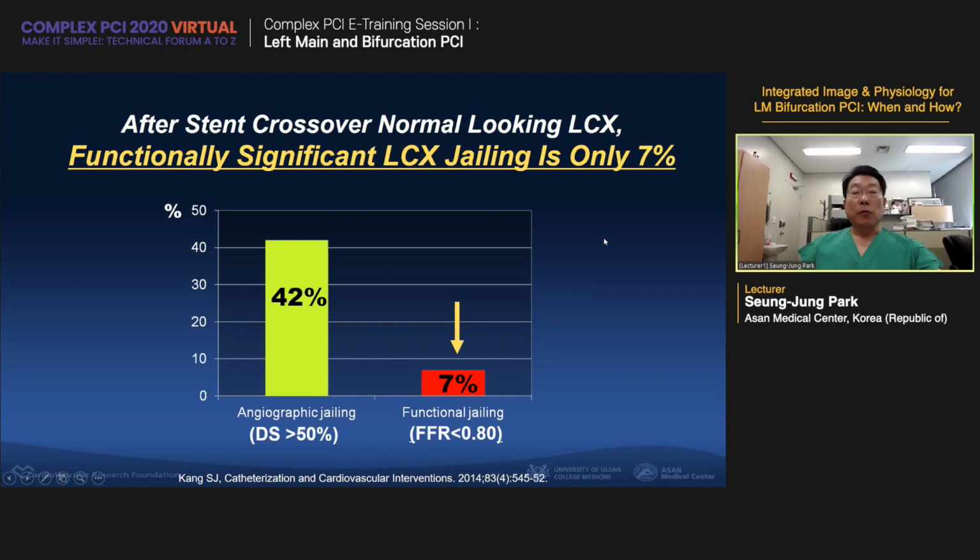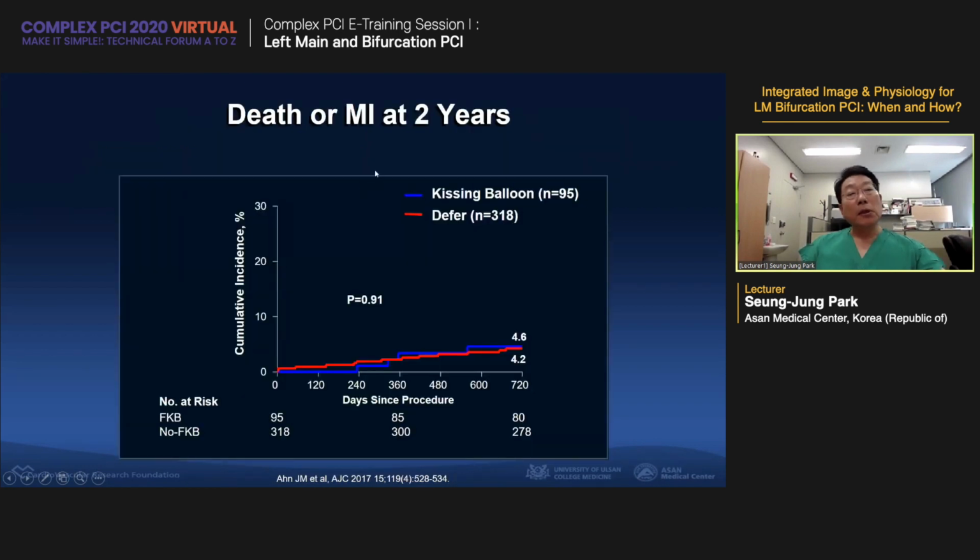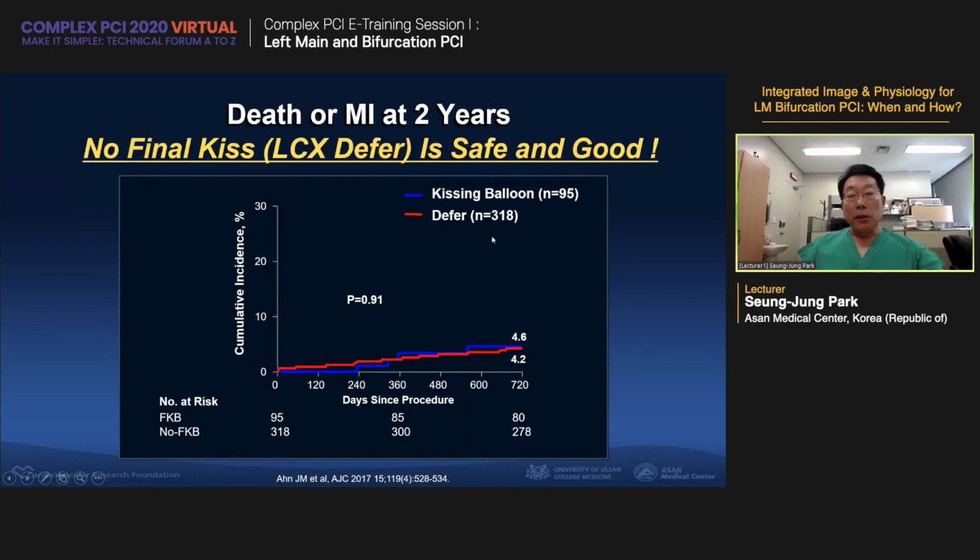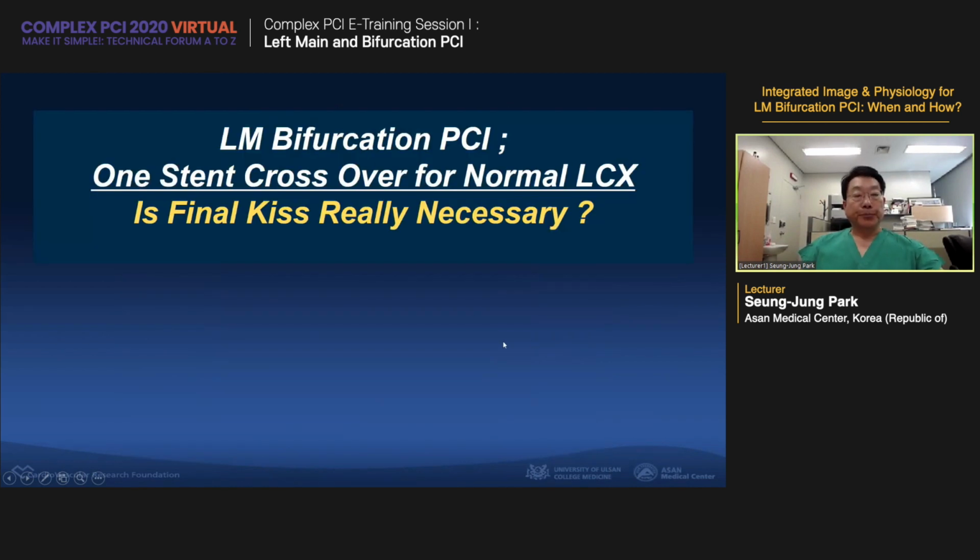If you look at the clinical outcomes in terms of death and MI, MI being a hard endpoint, at 2 years follow-up, between just the crossover and kissing balloon inflation, actually no difference at all. No final kiss. That means the circumflex crossover is safe and good.